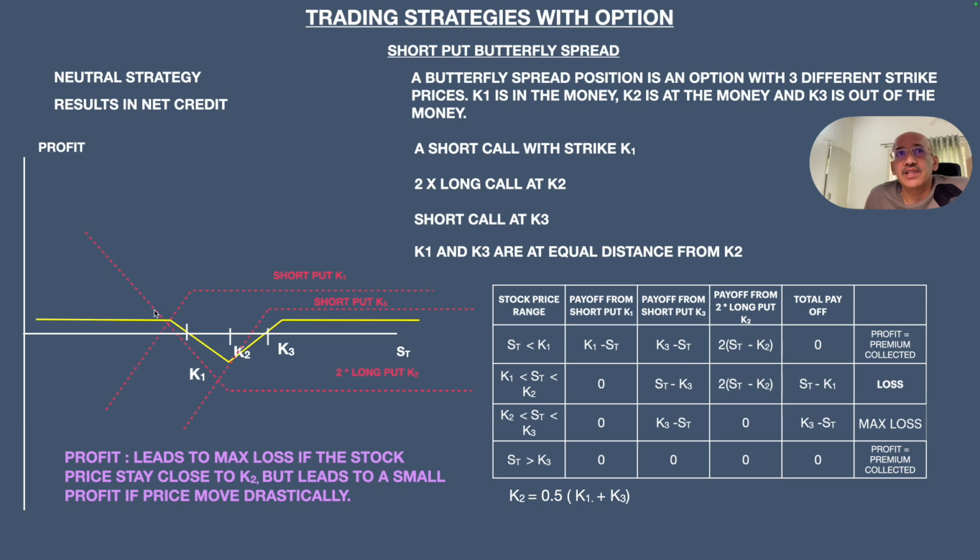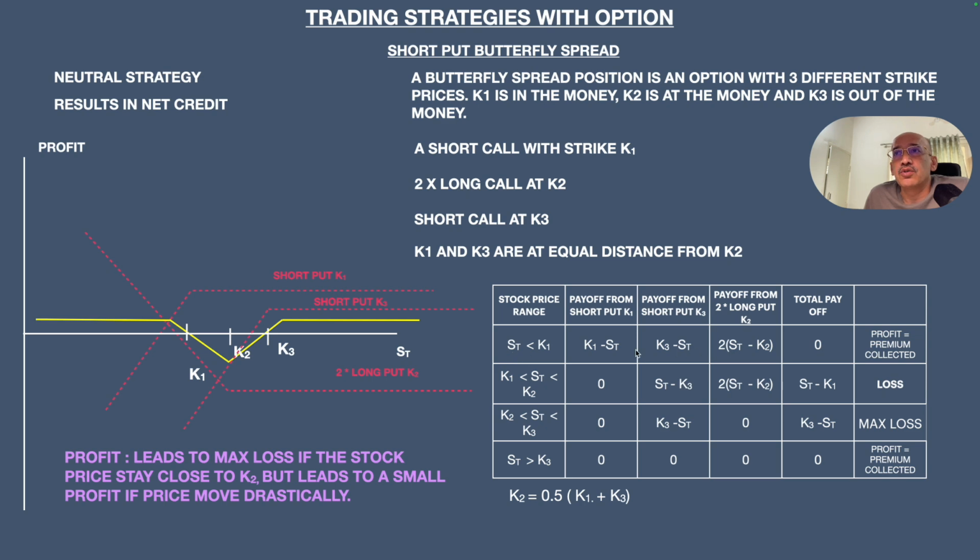As a result of this, it gets compensated by two short puts, one here and another short put here. So both of these will get cancelled out, and the only money you are left with is the net credit which you have collected at the start of the execution of the strategy.